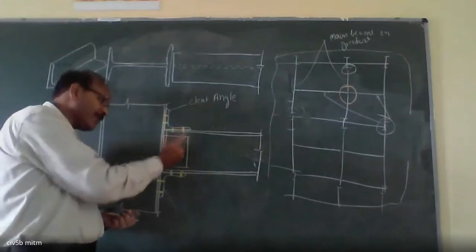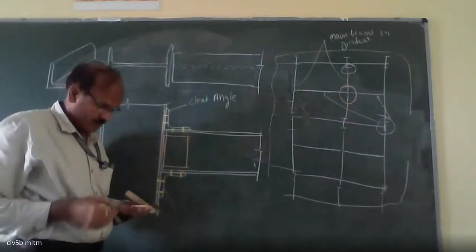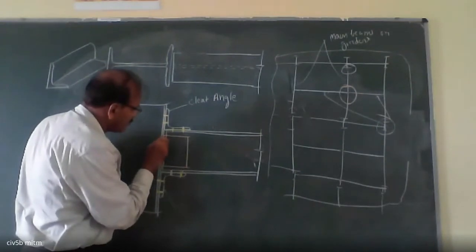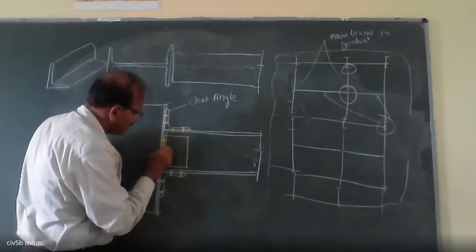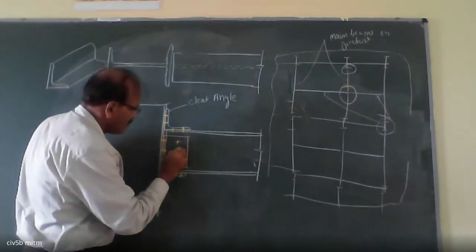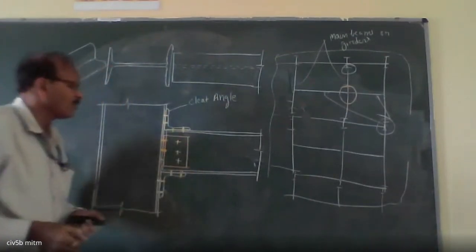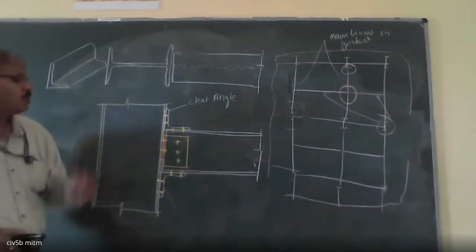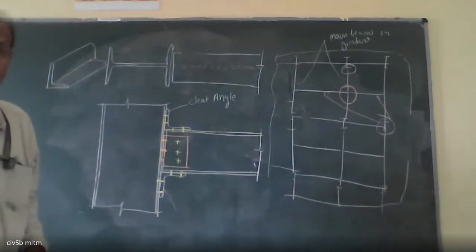There is one more similar angle behind. Then we are going to connect them using bolts or welds. Okay, so this is the way we are going to do beam to column connection.